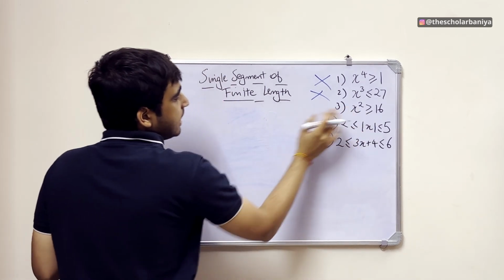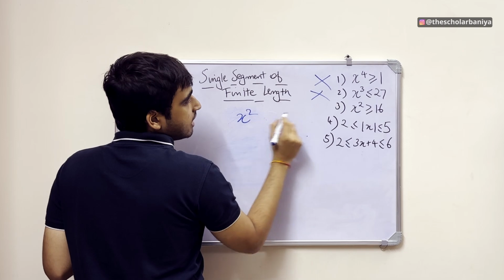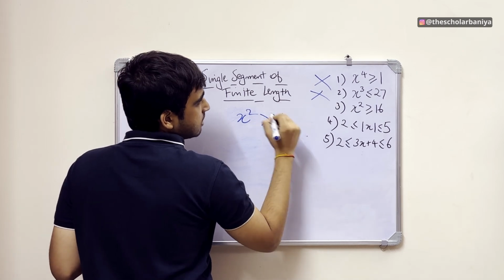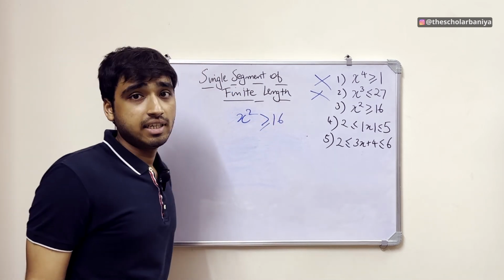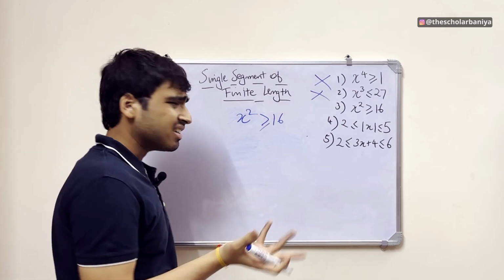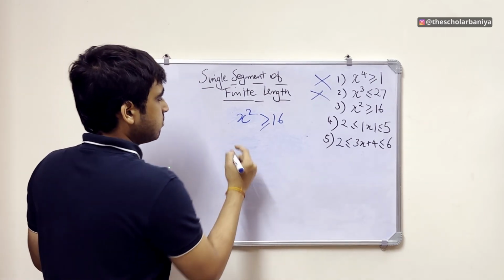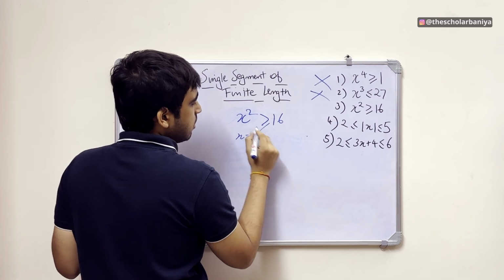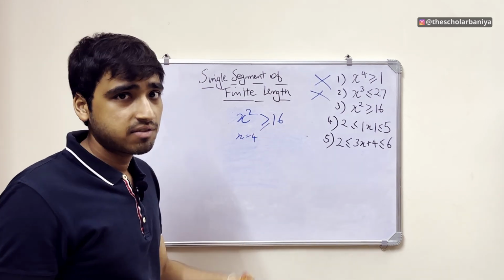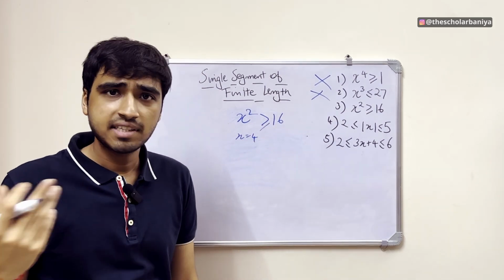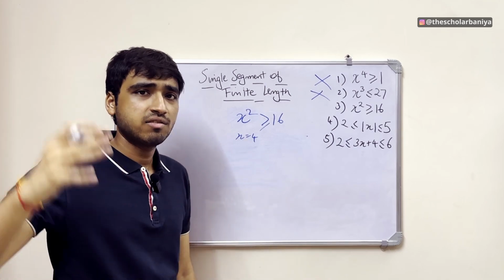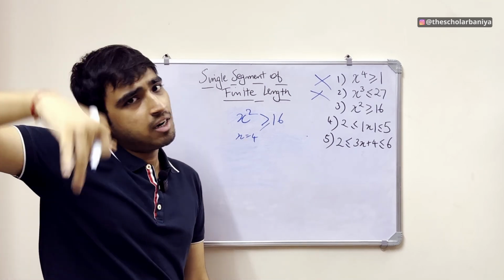Now, let's take x square is greater than or equal to 16, right? Similarly, in this case, if you take x equals 4, 16 is greater than or equal to 16, satisfies. If you take x equal to 5, it will satisfy. x equal to 6, it will satisfy. If you go to plus infinity, it will satisfy.